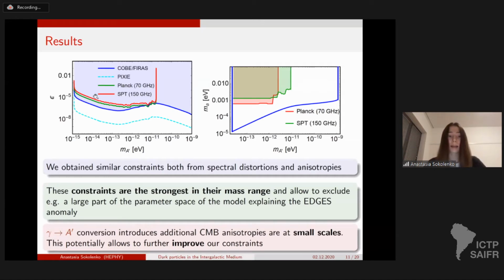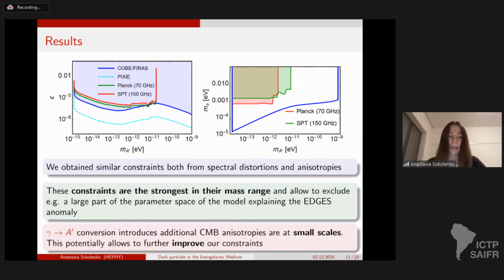And this was about dark photons. We can even put stronger constraints if you take into account small fluctuations at small scales, because we add this additional conversion at small scales. That's why, if we do not study the whole spectrum, but the parts where we're sensitive, then we can improve our constraints even further.